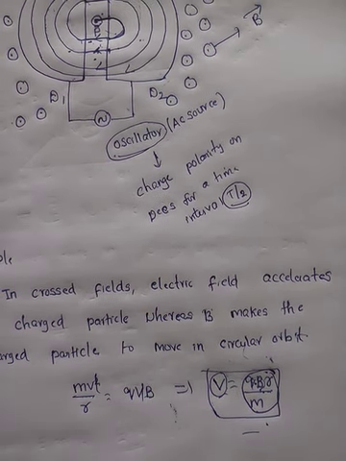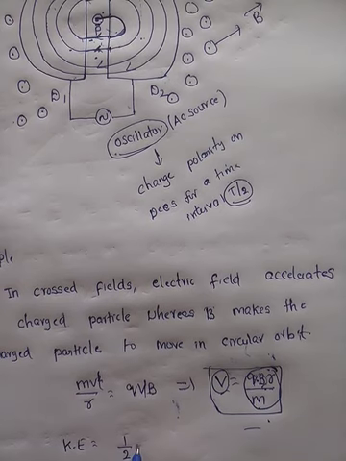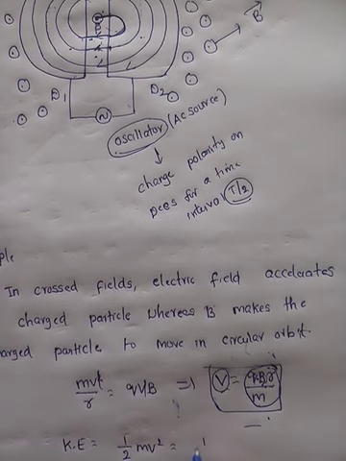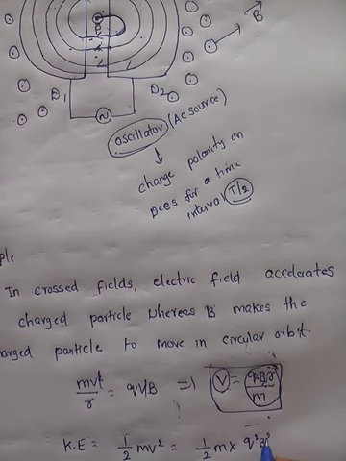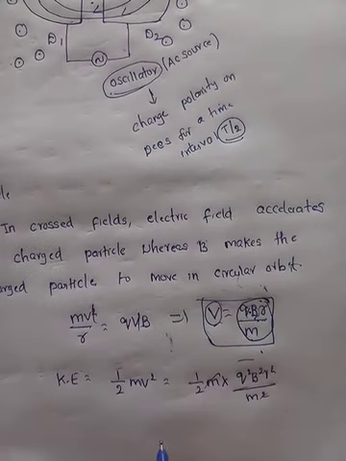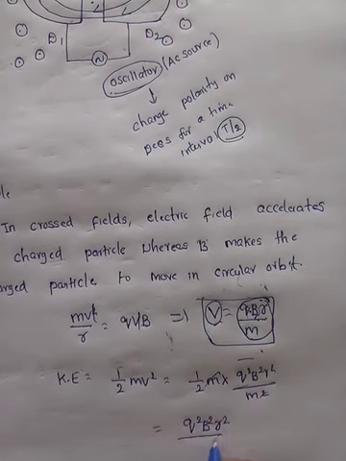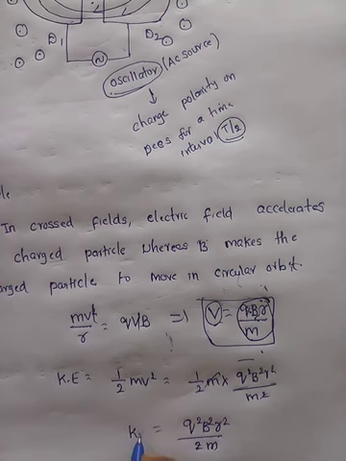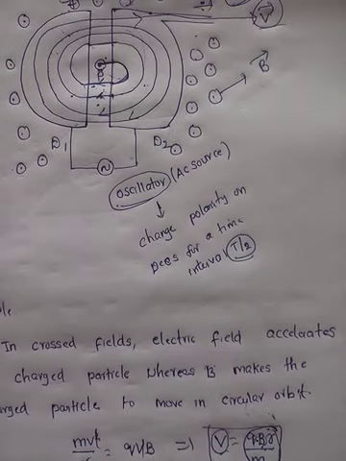Understood? Now, what is the kinetic energy? Kinetic energy is equal to half m v square, which is half m into q square b square r square by m square. Cancel. What do you get? Q square b square r square by 2m. Frequency, we already derived in a perpendicular magnetic field.